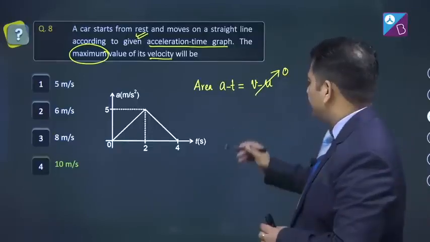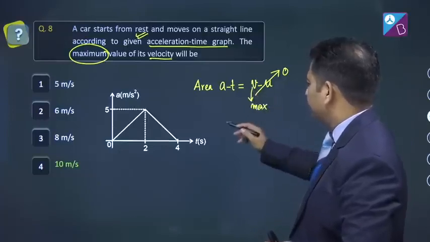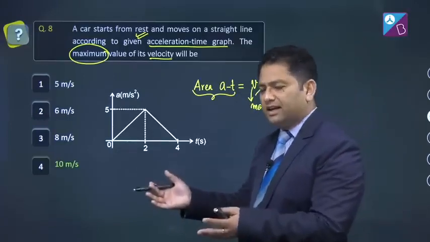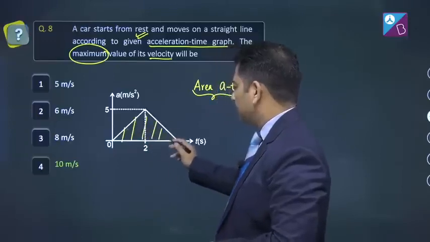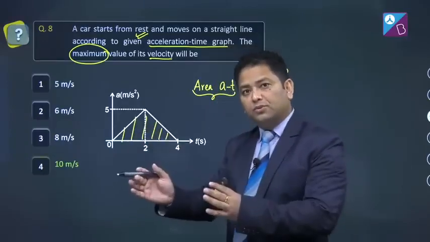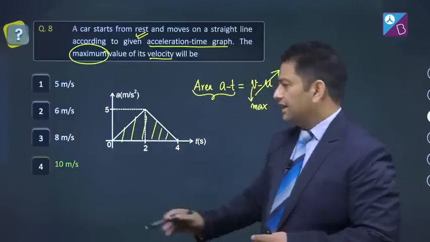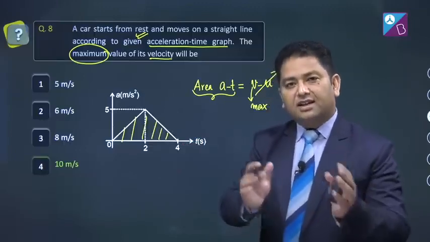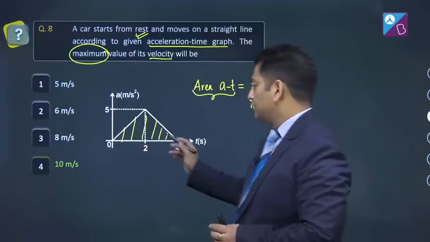Now, if you have to find the maximum value of velocity, that means you have to find the maximum area. So it's very clear, 0 से लेकर 4 तक area maximum होगा. Not between 0 to 2. You have to see the maximum area. ये बात सच है कि acceleration की value कम हो रही है, लेकिन जहां तक area का सवाल है, the area would be maximum between 0 to 4.